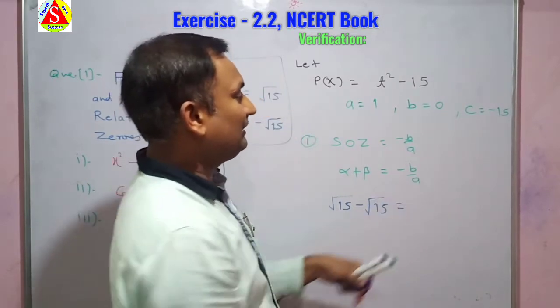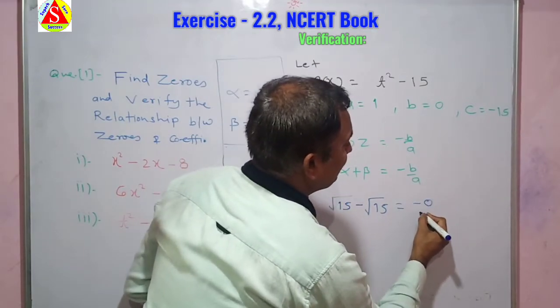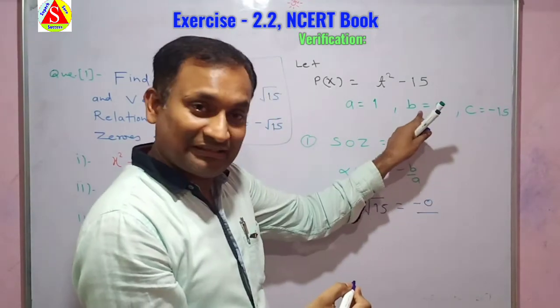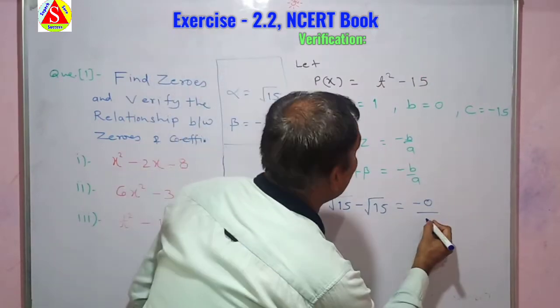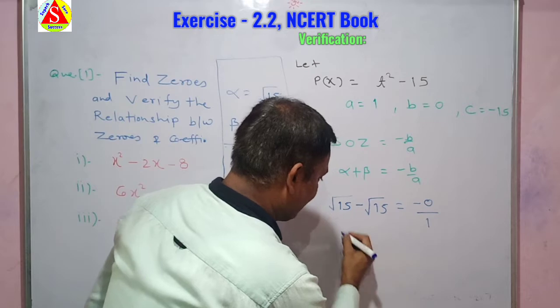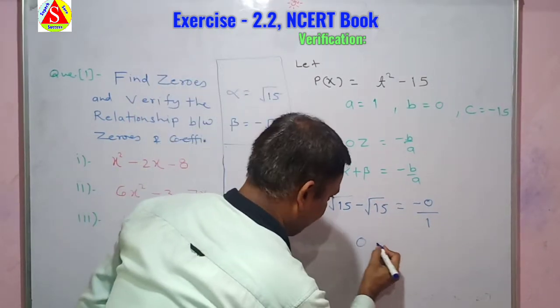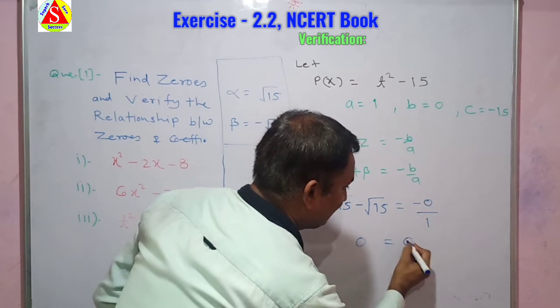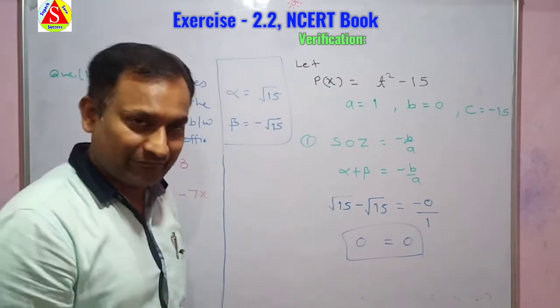Let's put the right side value. Because in the question b is 0, 0 upon 1 we will have 0. On the left side, under root 15 minus root 15 we will have 0, and on the right side 0 also. So the first condition is verified.